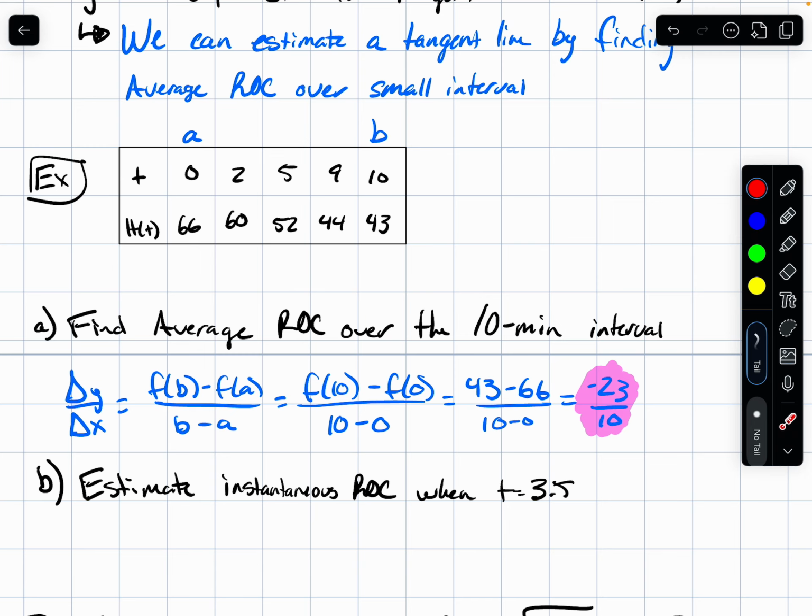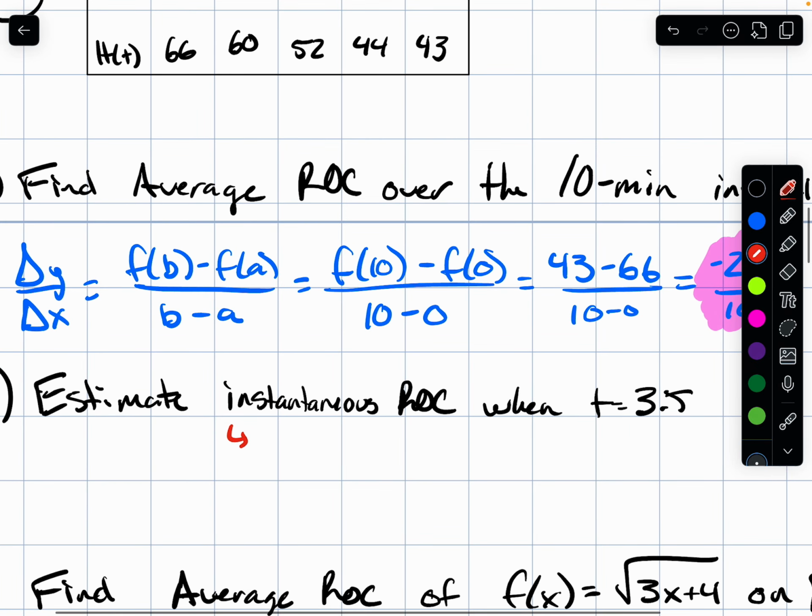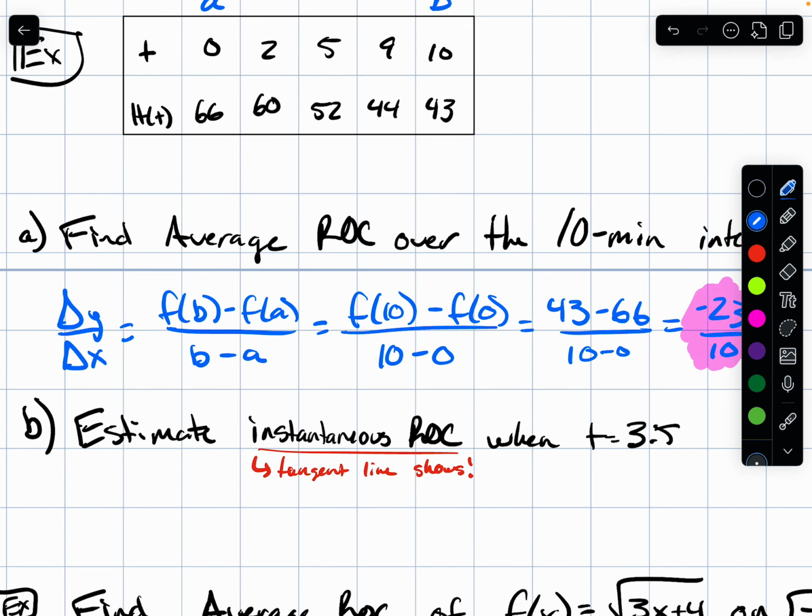The tangent line shows the instantaneous rate of change. So let's make that note here: instantaneous rate of change, tangent line shows.